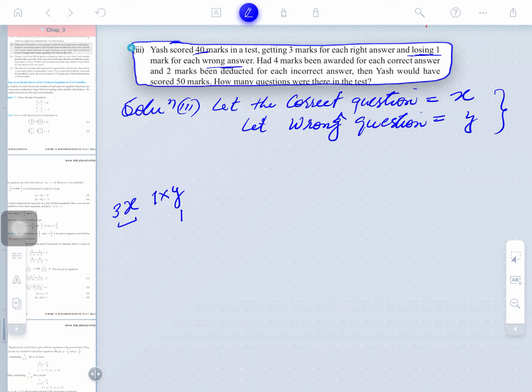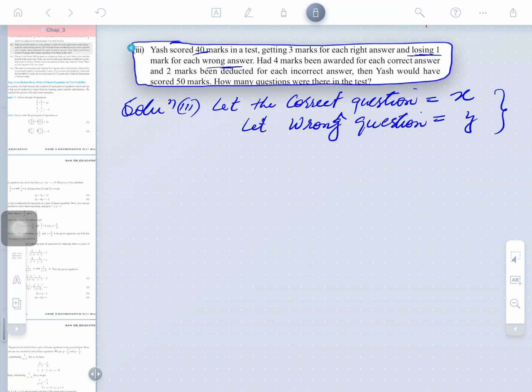So the total marks obtained by any student: correct questions attempted x, each gives 3 marks, so 3x, but the marks for the wrongly attempted questions have to be deducted. Clear?